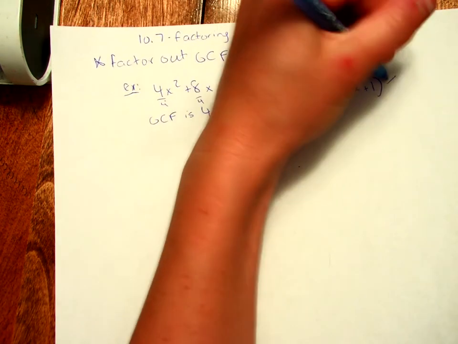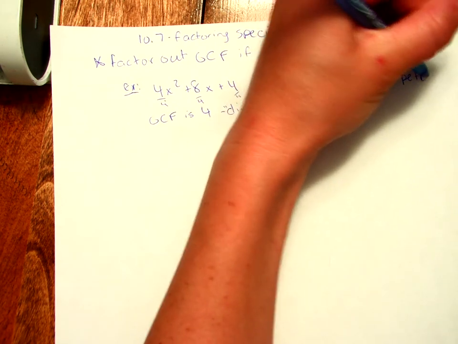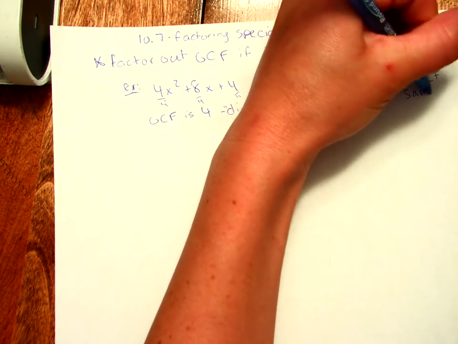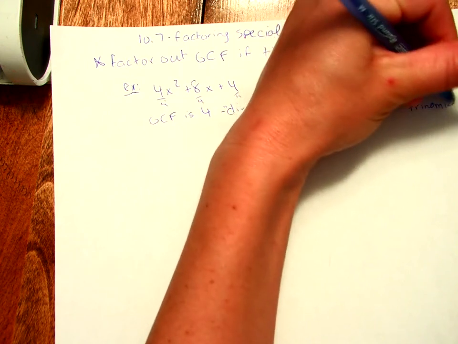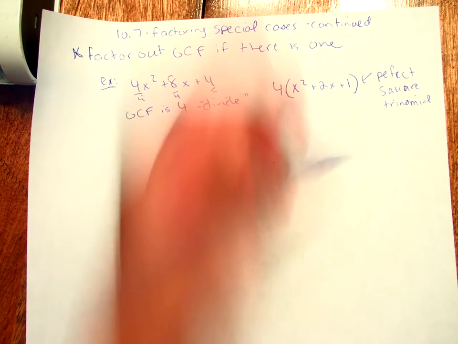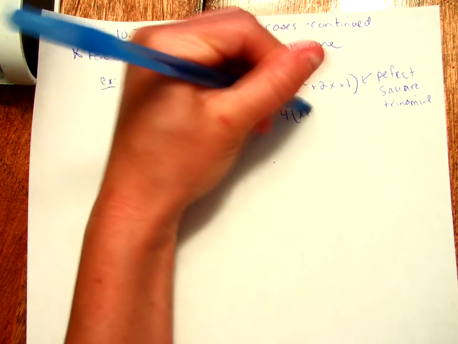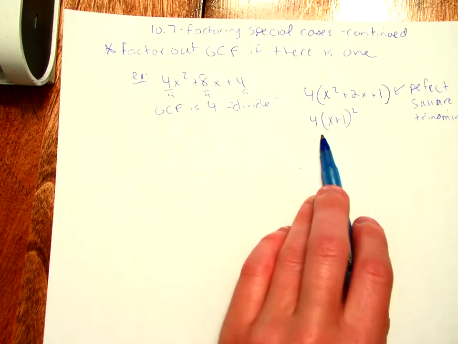Now, you'll notice this is a perfect square trinomial. And now you're left with x plus 1 squared, where before you had 2 and 2. So this makes it the most simplest form.